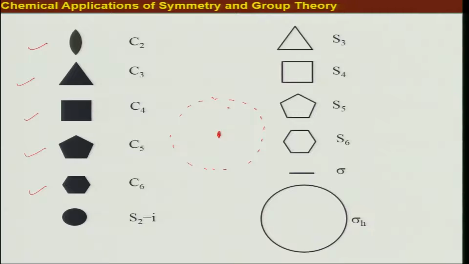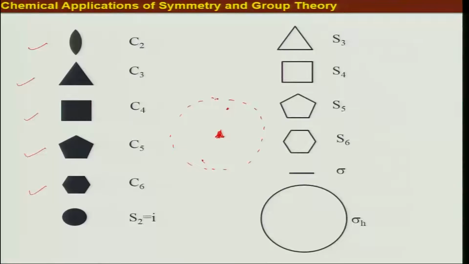So any given object here will come to this point by a C2 operation. Okay. So if there is a C3, then I mark it here. Now if there are perpendicular C2s, that is a very interesting thing, right? So this region, the center, is for the principal axis of rotation or even an improper axis of rotation, while any perpendicular C2s are drawn at the periphery.